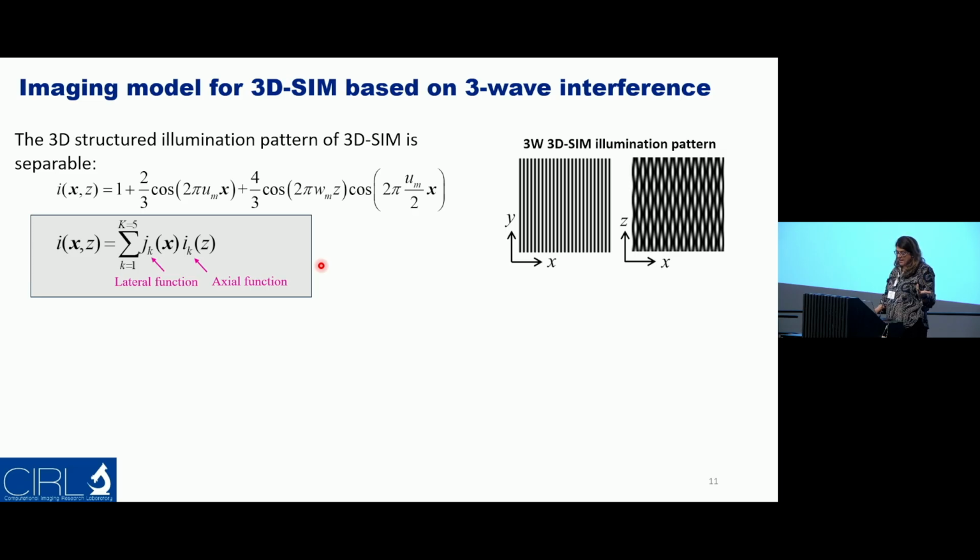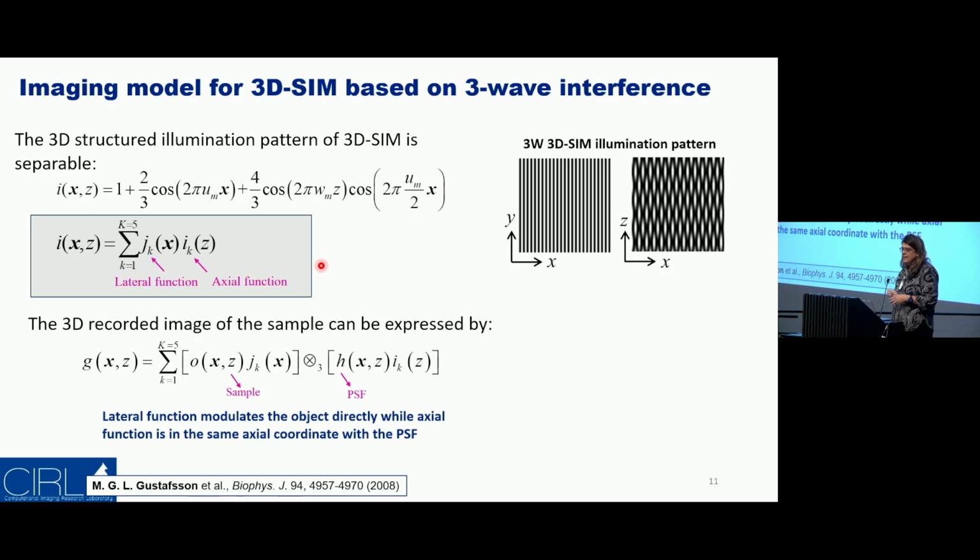But in development of methods for three-dimensional processing, some people miss that part. You have to use the correct imaging 3D model, which is the one shown here. The point that I want to make is that the lateral part of the modulation of the structure pattern modulates the object, while the axial part of the structure pattern modulates the point spread function.